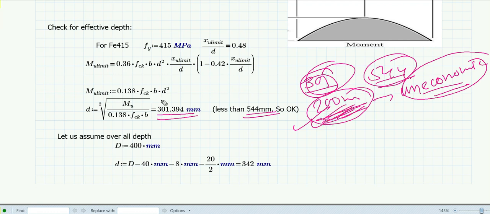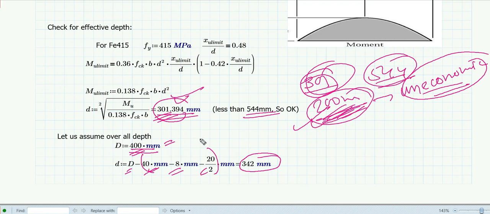So how? We can reassume. Let us assume our overall depth as 400 mm. Just looking at this, since we need 301, let us assume the overall depth is 400. Then from the overall depth you subtract the effective cover, and you will get the effective depth. The effective cover is 40 mm plus 8 plus half of the main bar diameter.